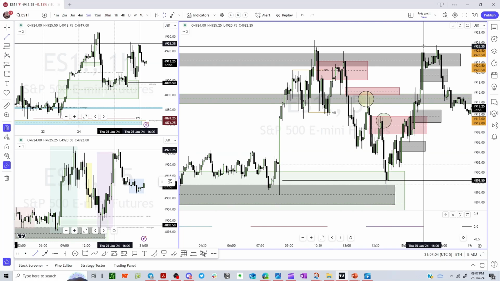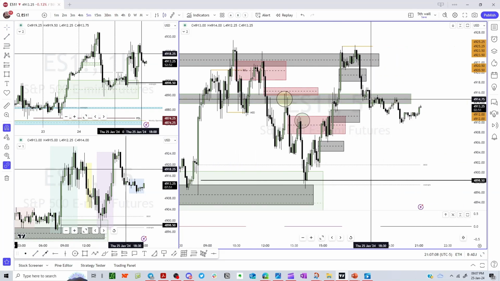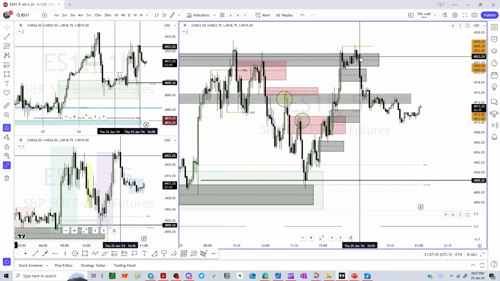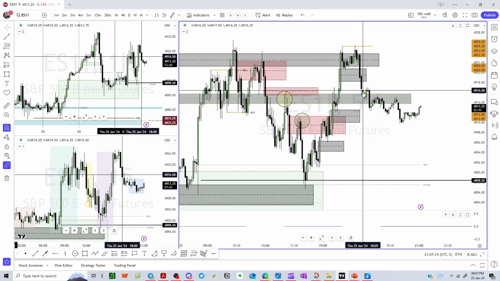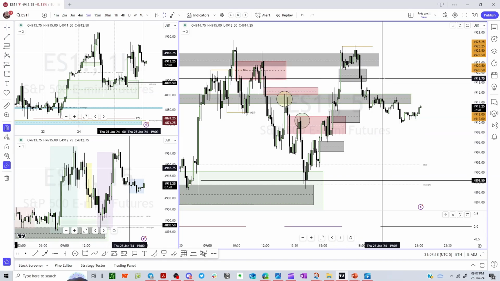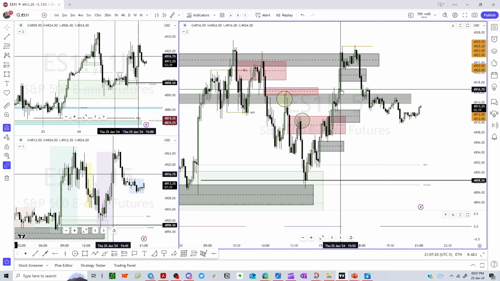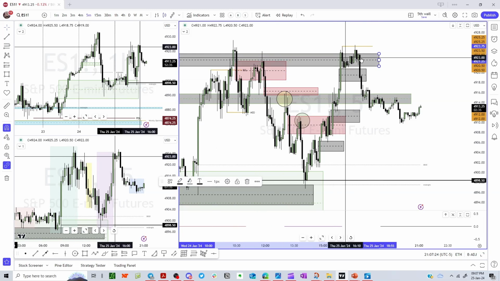Literally took out this high and then fell back down. And technically this is doable. You can actually trade this still. Probably would have to drop down to a lower time frame just so you can have better conviction in yourself. But this is an inverted fair value gap that was sending price down all day.